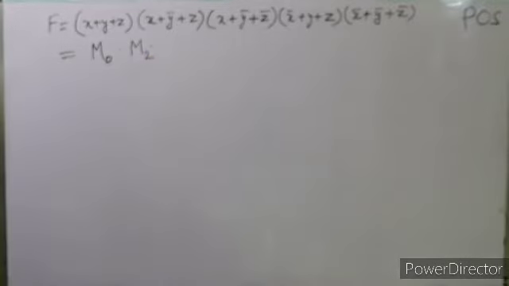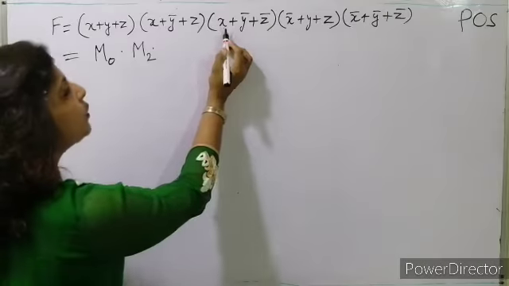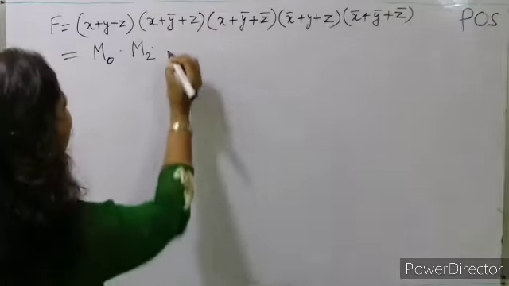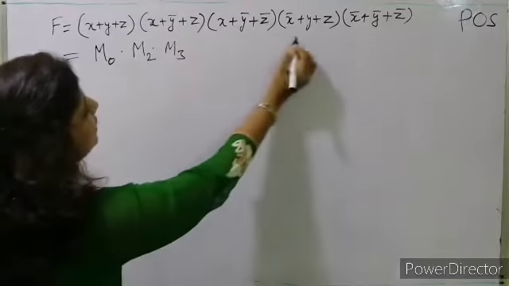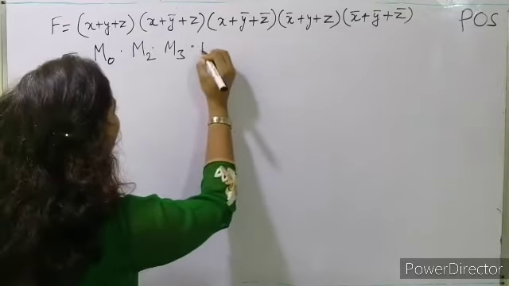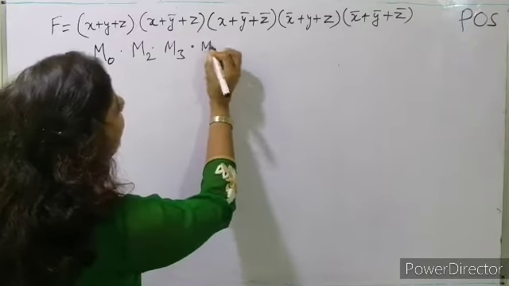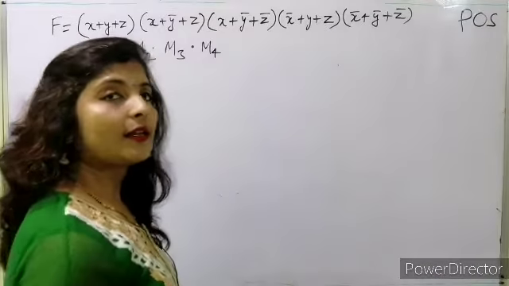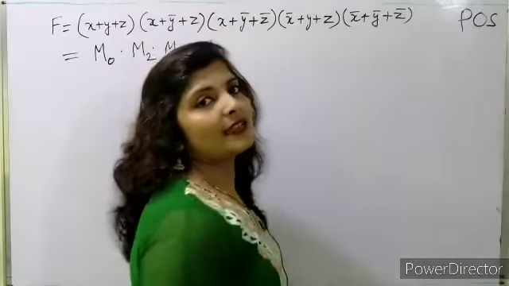Okay, now 0 1 1, 0 1 1 means 3, M3. This is 1 0 0, M4, and this is all complements are there.